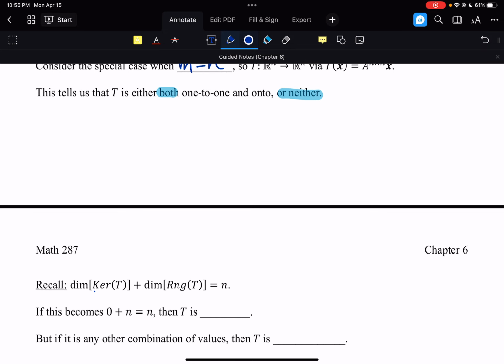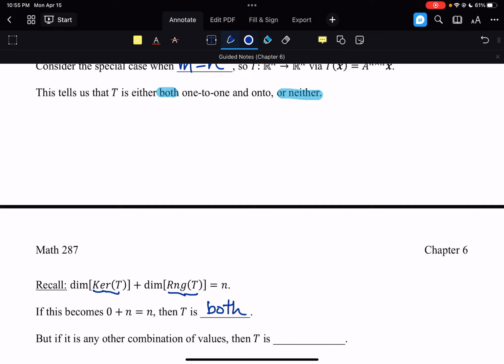So if the kernel is 0 and the dimension of the range is n, this becomes 0 plus n equals n, and T is both. Because the kernel would have only the 0 vector, so that's nothing. And then the range would cover all of the output vector space. So that would be a dimension of n, right?